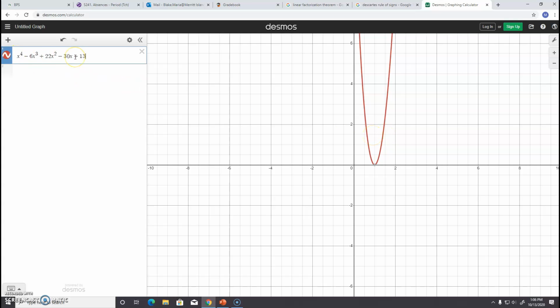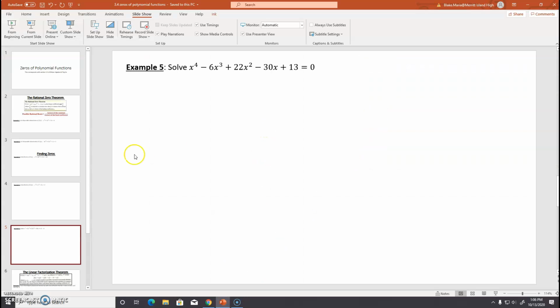If you type this function in, notice what happens at that 0. This is one of those bounces. So you know that your multiplicity has to be even. So you know that 1 is happening multiple times, probably twice.